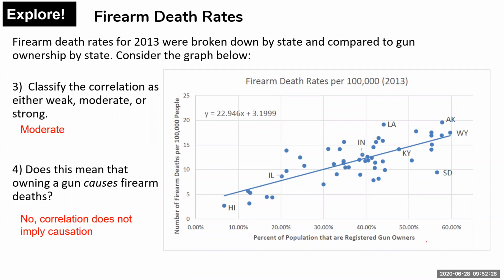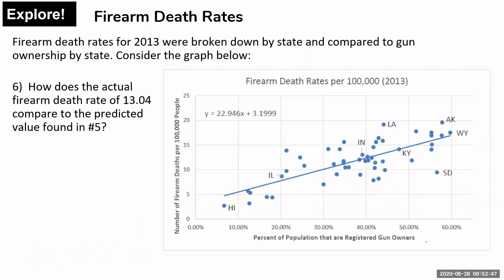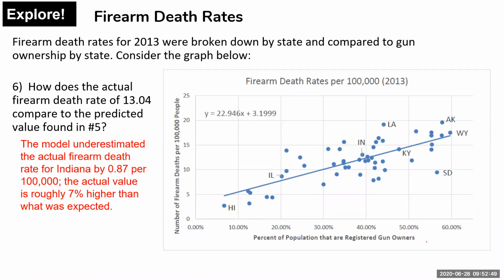And does this mean that owning a gun causes firearm deaths? No, this correlation does not imply causation. The fact that I own a gun doesn't mean that I want to take somebody's life. Okay, nice. So that is how you discuss a graph of this nature.